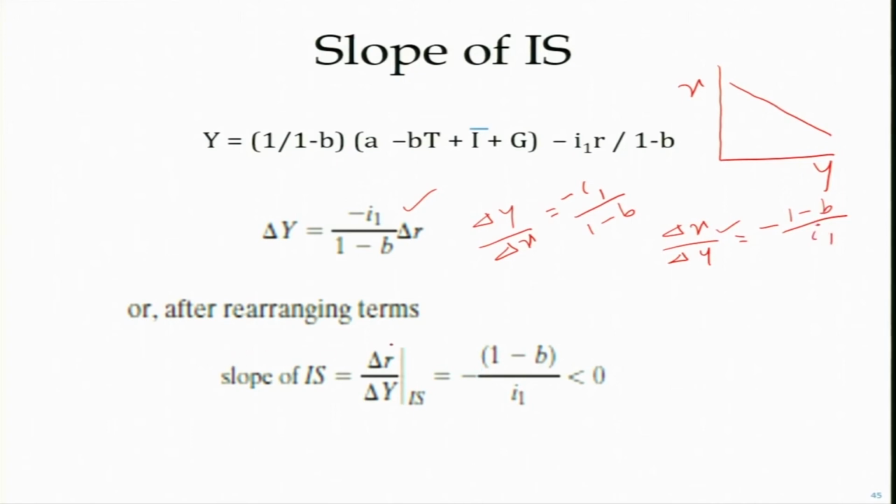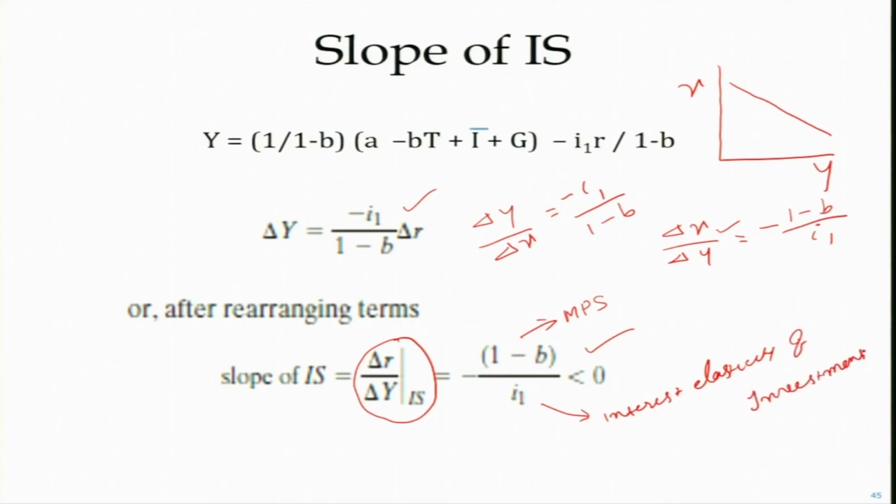So this is the slope of the IS schedule. You can see that 1 minus b is nothing but the marginal propensity to save, MPS, and I1 is the interest elasticity of investment. These are the two variables determining the slope of the IS schedule.